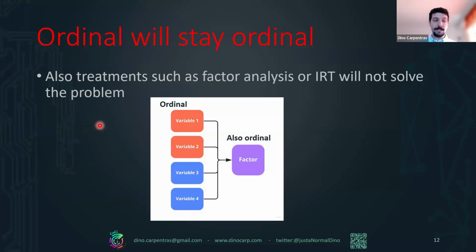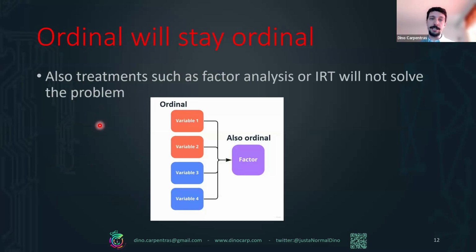Now, a couple of things to clarify. First of all, sometimes you can have these ordinal variables and you can process them, for example, by using factor analysis or something like this. And some people think that if you process ordinal variables, they will become, for example, interval. Unfortunately, this is a misconception.